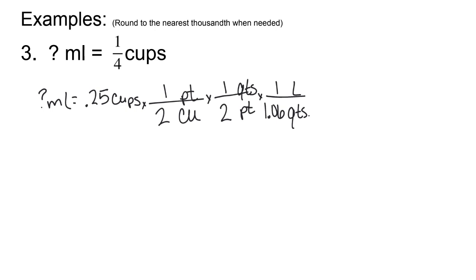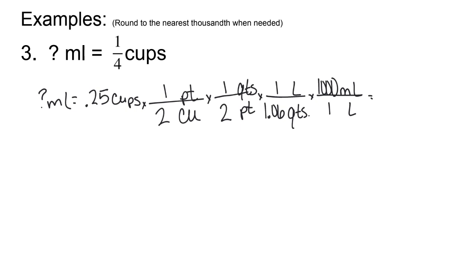But I'm still not where I want to be because I want to end up in milliliters. I am, however, in home base for the metric system, which is liters. And from liters, we can go anywhere in the metric system that we'd like. And I want to go to milliliters. For every 1 liter, there is 1,000 milliliters.